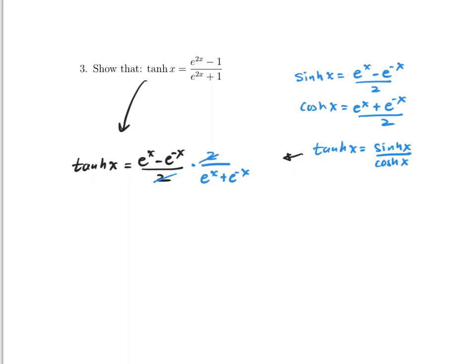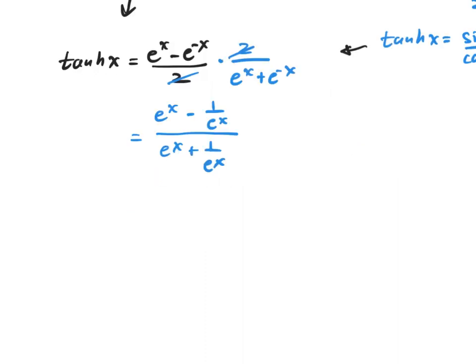The 2's clearly cancel, so this is e to the x minus 1 over e to the x divided by e to the x plus 1 over e to the x, which you simplify the top and find the LCD, you end up with e to the 2x minus 1 divided by e to the x, and then on the bottom is this, so it's another fraction, so you have to multiply by the reciprocal again, and it should give you something similar. This should be e to the x divided by e to the 2x plus 1.